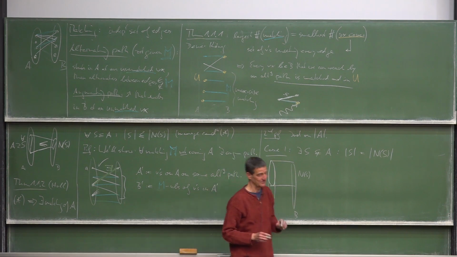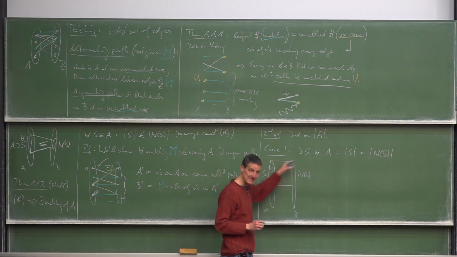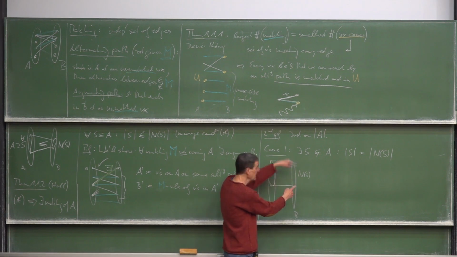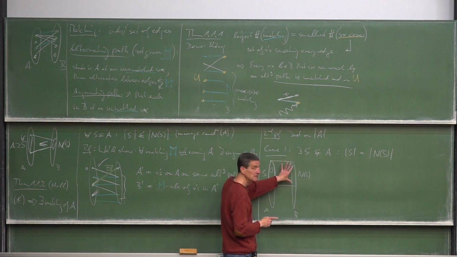Well, not quite yet. I have to show that for every subset of S, it has enough neighbors. But where are the neighbors? Well, they're clearly among the neighbors of S. And by assumption, there are enough neighbors in B, and we know they must be in here.